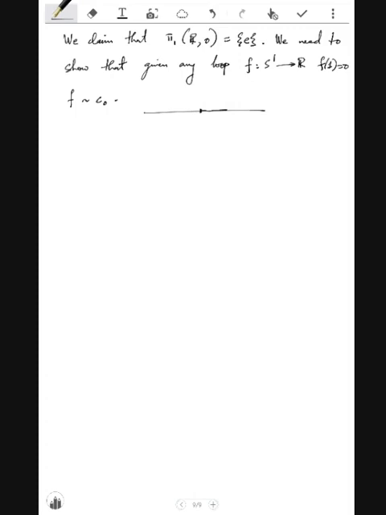So for this we need to show that given any loop f with f of 1 is 0, f is homotopic to the constant loop at 0. So the idea is, f is going to be some loop like this, and we can just multiply with t and shrink the loop.